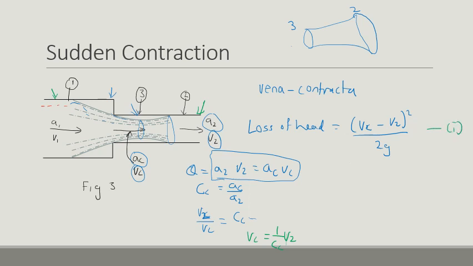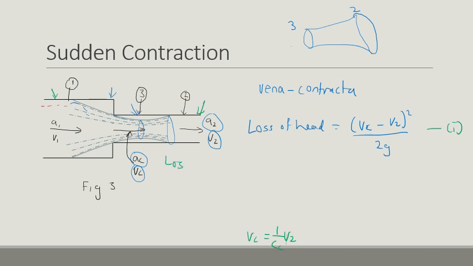Now clearing up space. The loss of head at sudden contraction, substituting that into the equation, will be equal to (1 over Cc V2 minus V2) all square over 2g.